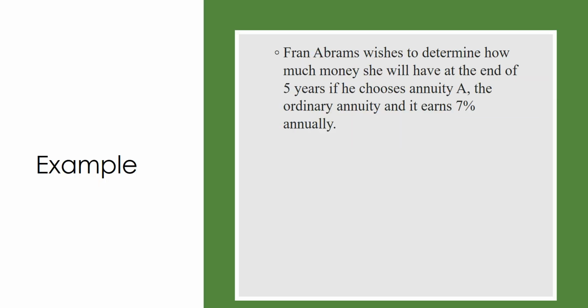So let's do an example. Fran wants to know how much money she will have at the end of 5 years if she chooses Annuity A and earns 7% annually. So if she receives $1,000 every year, puts it into a savings account that earns 7%, how much would she have at the end of the 5 years?